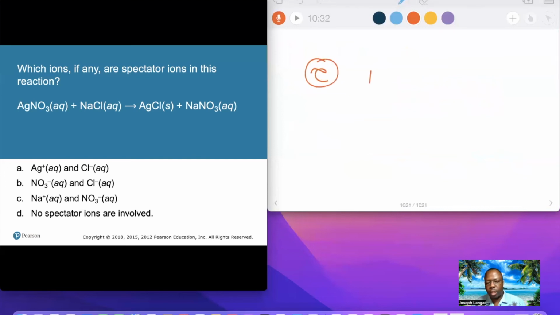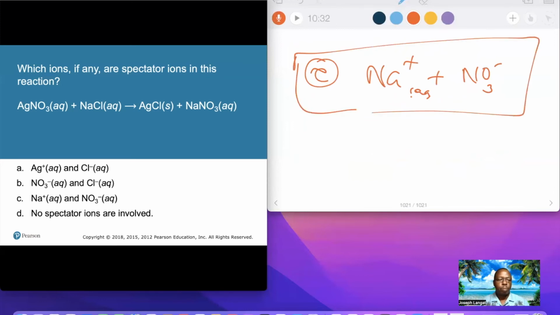C, which is Na plus, sodium, plus nitrate, like that. This is a typical question in the quiz: which one of the following is or are spectator ions, or what is the net ionic equation for the following chemical reaction, or what is the complete ionic equation for this?